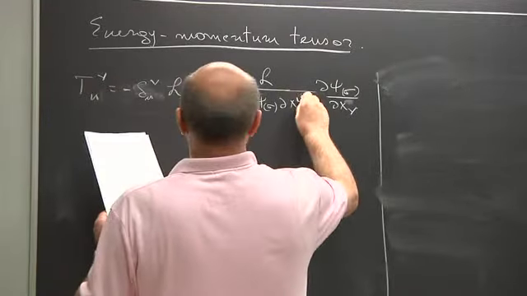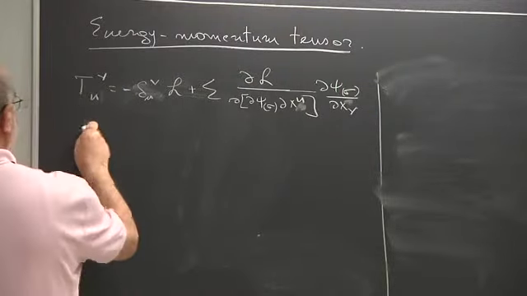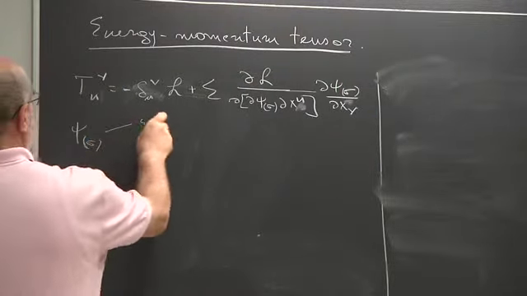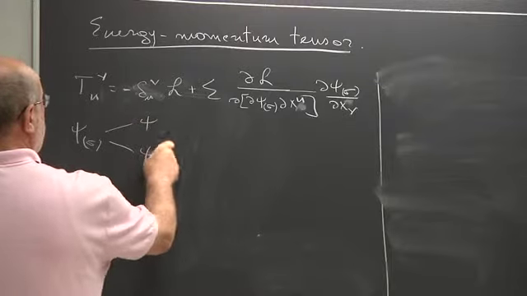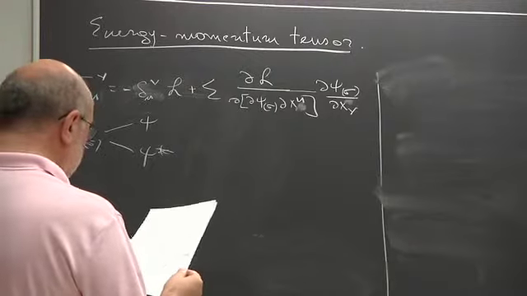This is up and it goes down, and this is up, okay. And the sigma, in this case psi sigma, stays for psi and psi star. So the sigma indicates, in this case, the 2 fields that enter.